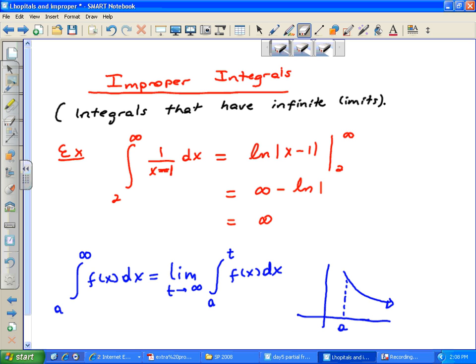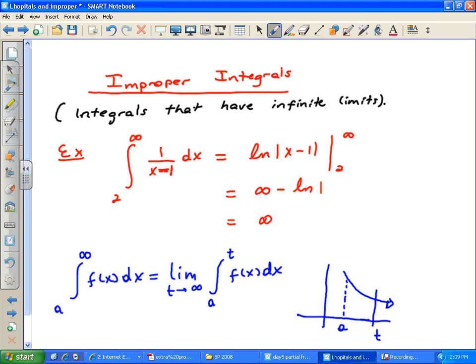So what the book is saying is you can actually draw a finite line in there somewhere. Draw a finite line, call that t. Okay. So first find the area of the finite region from a to t of f of x dx. And then what do we do? We let t get further and further away. Let t go towards infinity. As you see, it's sort of this limit. So that's how they define an infinite integral, or an integral with infinite limits.